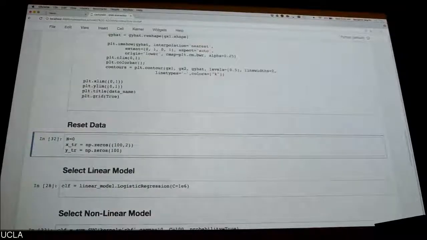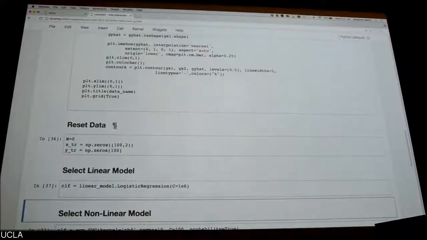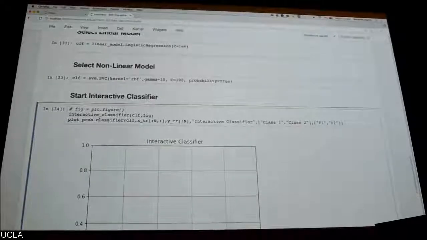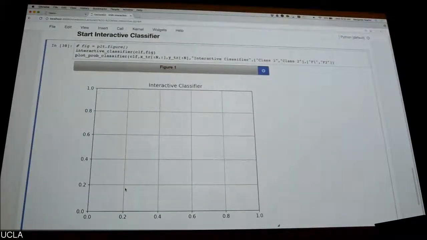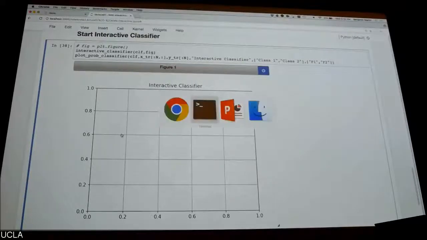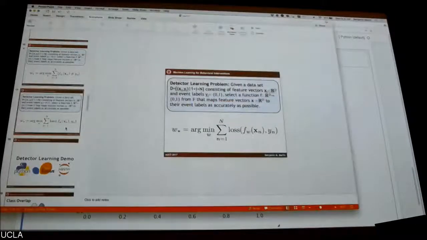Let's start by rerunning all the code. Would you believe me if I told you this was working 2 seconds ago? Probably not, right? That's frustrating. Okay, let me come back to that.